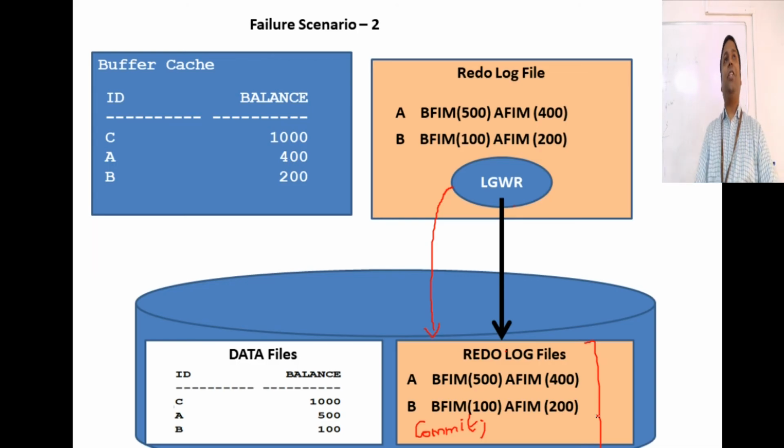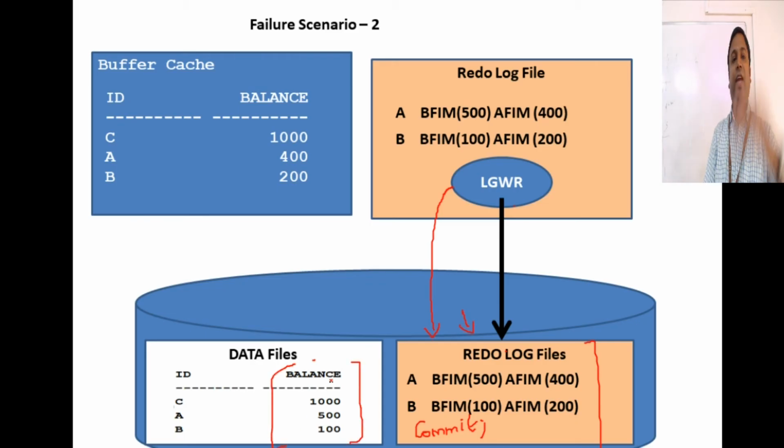Now again you start your service, you bring your instance back. Now there is something in the redo log file, whereas those changes are not reflected in your database because it failed before the DB writer could write it to your data files. So now how will the recovery happen? The transaction has committed, right? So you have the checkpoint process.